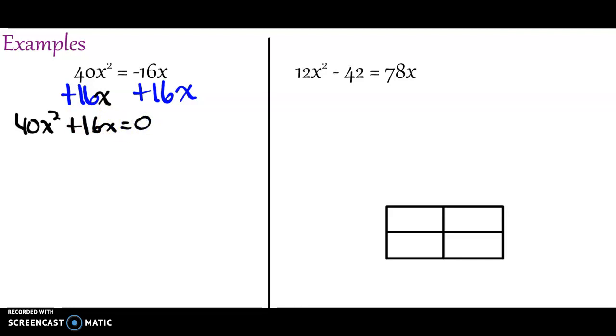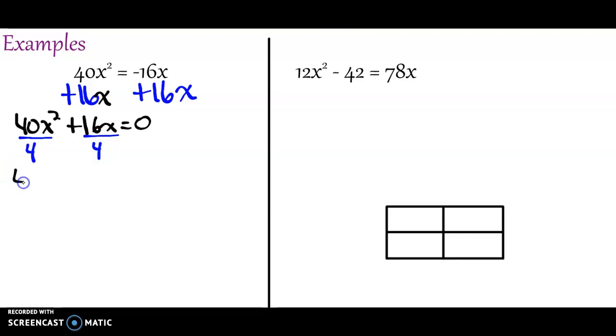Once we set it equal to 0, we know we have 2 terms. Even though we have 2 terms, we have to check: is there a common factor between 40 and 16? Both of them are divisible by 4. So we're going to divide both of them by 4, because that is their greatest common factor.